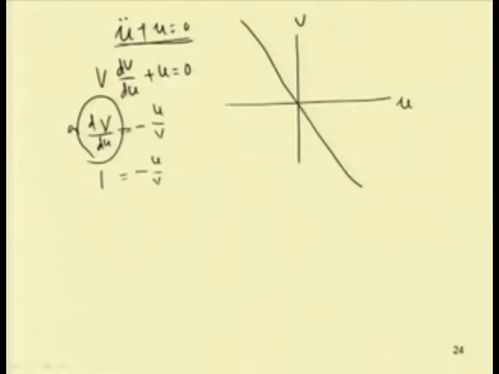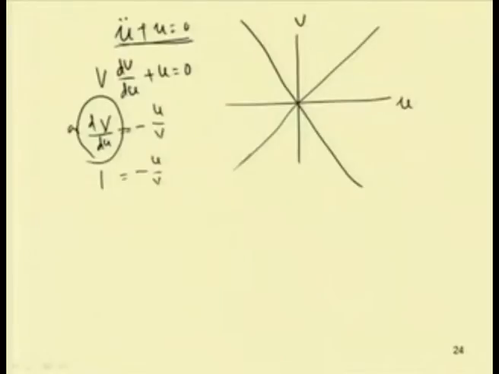Similarly, one can take different values of dv by du and plot several lines. So, let one take dv by du equal to minus 1. In that case, this will be a line at 45 degrees. Similarly, by taking 3 by 2, that means dv by du equal to 1.5, one can get another line.